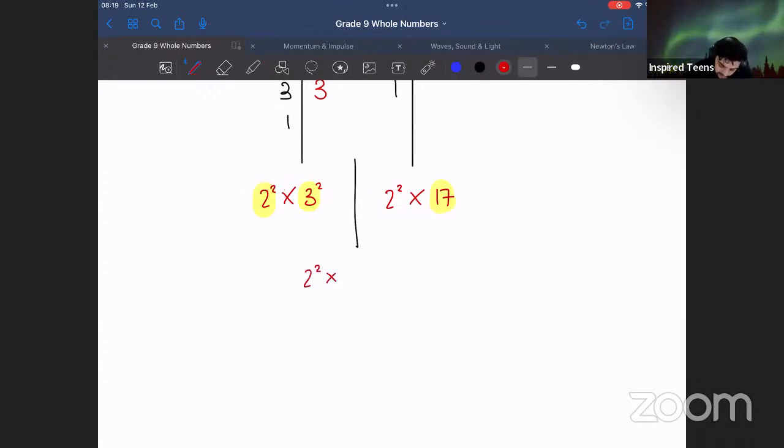Let's look at 3. 3, its highest power is a square. So I take the square. And 17, its highest power is a 1. So I take all the numbers within my factors, select the number with the highest power, and multiply them. And that's going to give me my LCM. So when I multiply this out, 2 squared times 3 squared times 17, I get the lowest common multiple as 612.